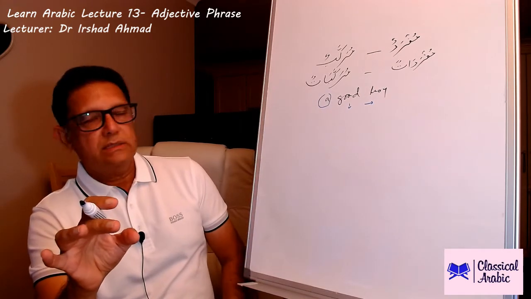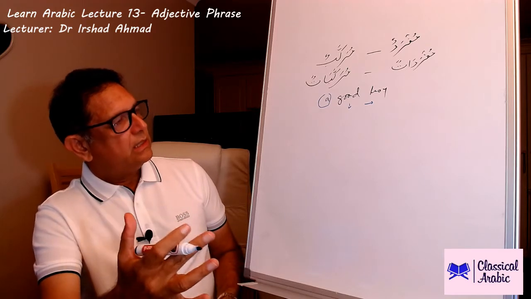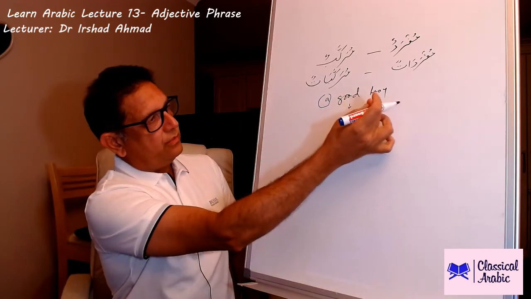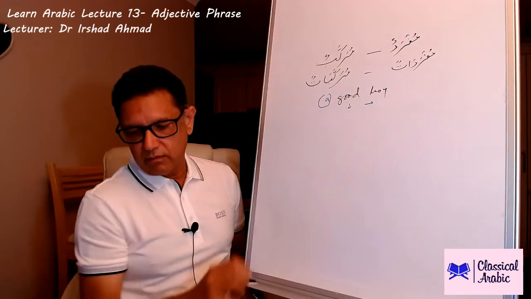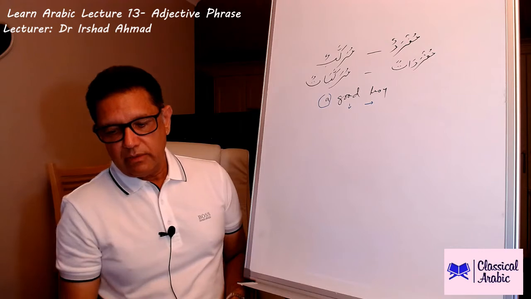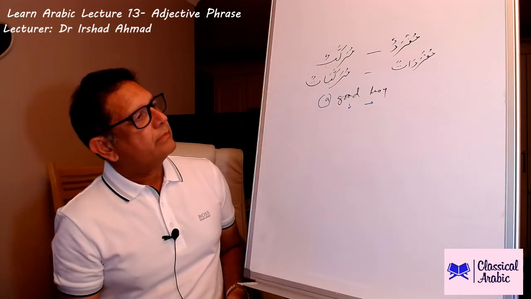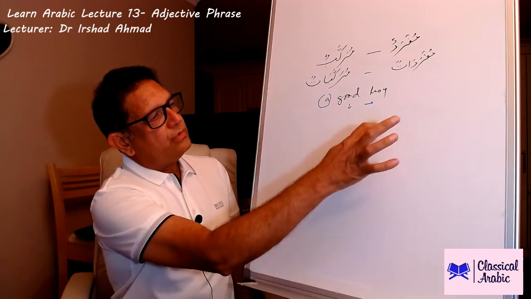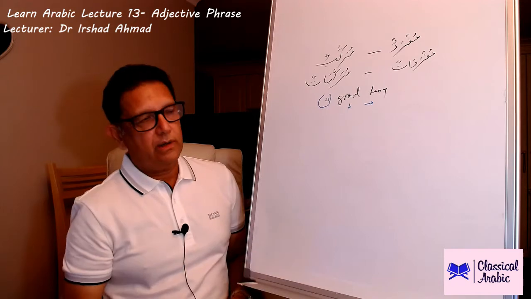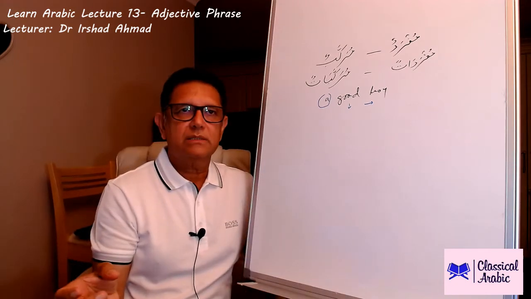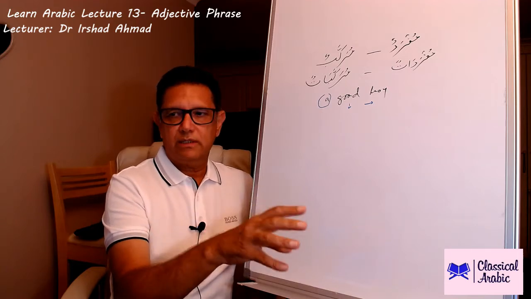That is the English phrase and the order of words in English: first sifa and then mawsuf. What about Arabic? In Arabic it's the other way around. Mawsuf comes first and then sifa follows, and that makes sense because you want to say boy, then define what kind of boy.